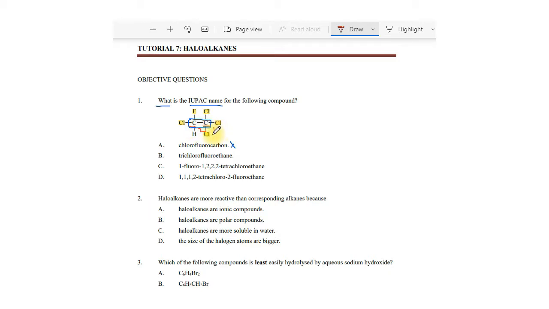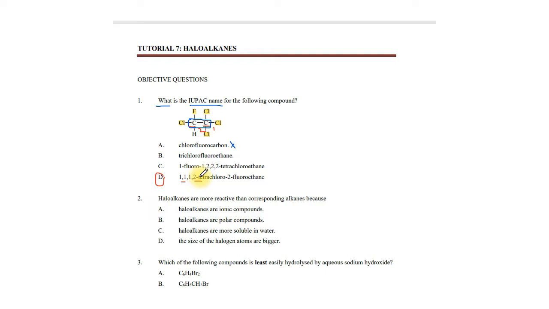That's why at position number 1 there are 3 chlorine and at position number 2 there is 1 chlorine. So the answer is obviously 1,1,1,2-tetrachloro, and then at position number 2 there is chloro, 2-chloro-ethane. Remember, between numbers there must be a comma, and between a number and a letter there must be a hyphen.